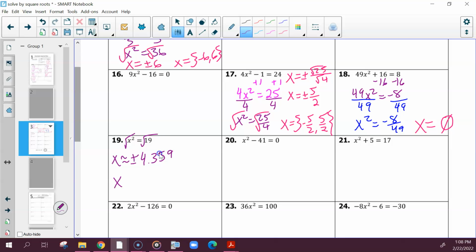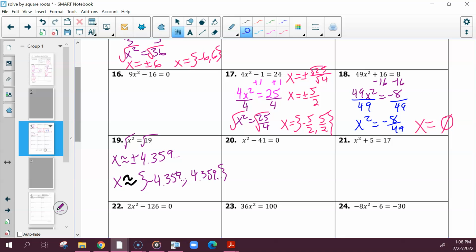So that would be approximately negative 4.359 and positive 4.359. There we go. So anytime you don't have the perfect square, you can still do it. You would just need to actually put it in your calculator and see what those decimals are.